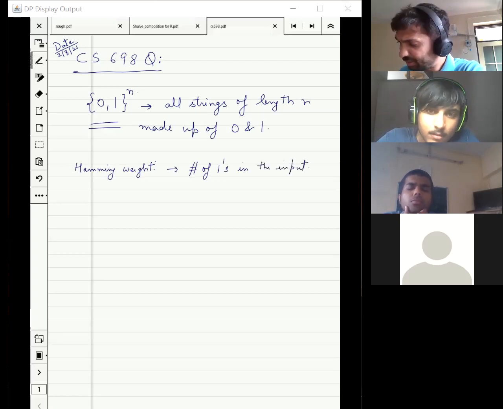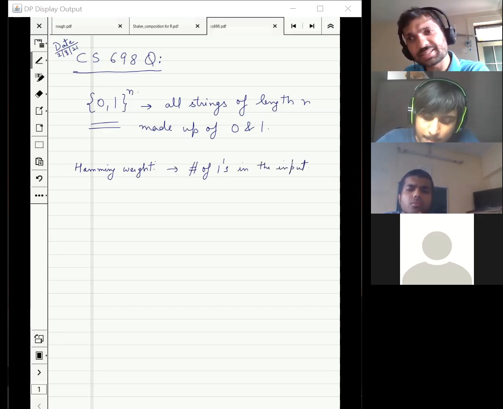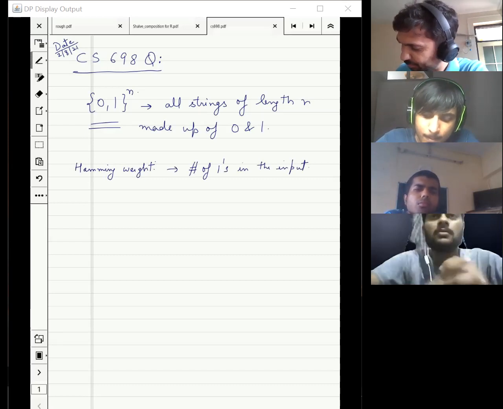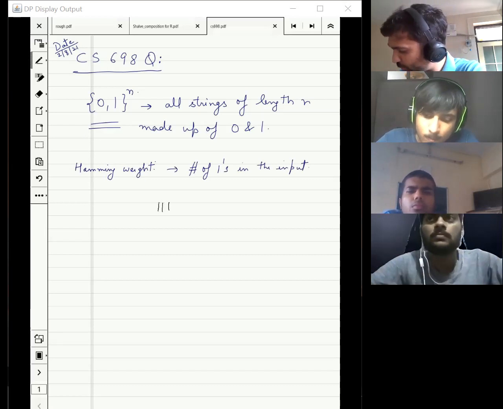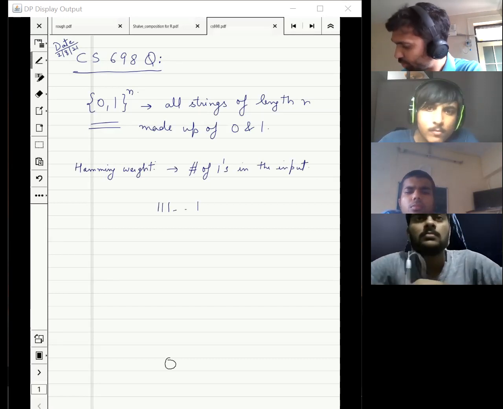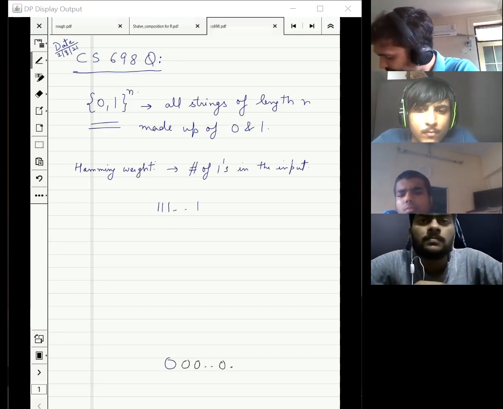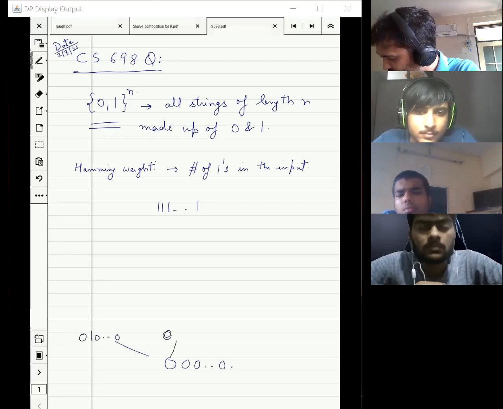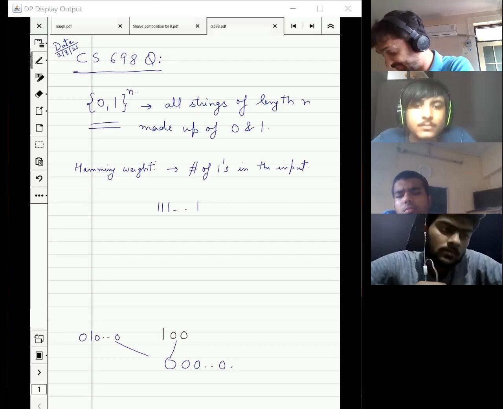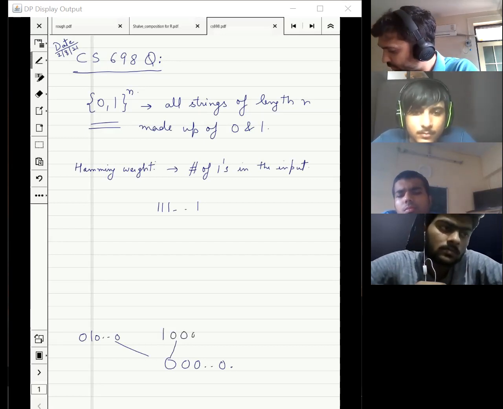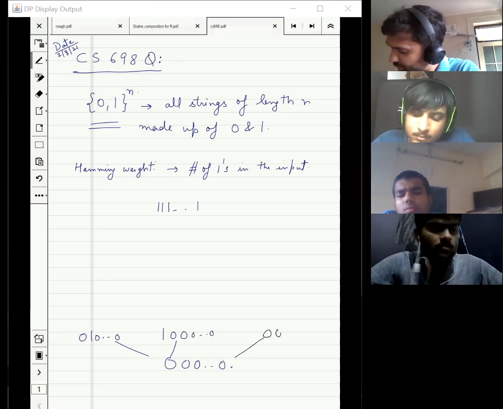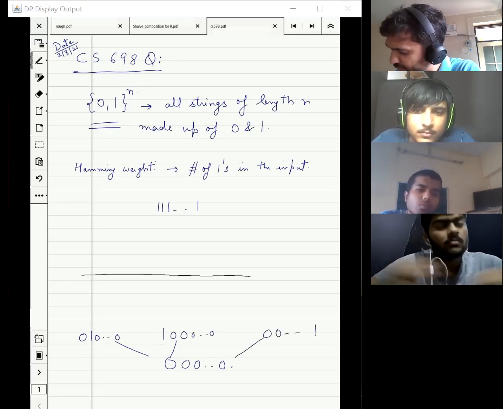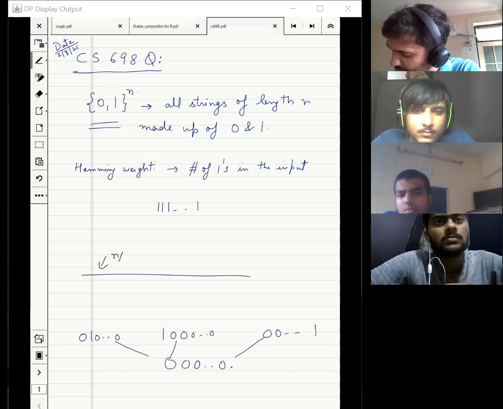And then the way to visualize this set is that you can keep all ones at the top, all zeros at the bottom, and then you can think of all weight 1 inputs at the first layer, or the second layer from the bottom, and then in the middle layer you will have n by 2 weight inputs.